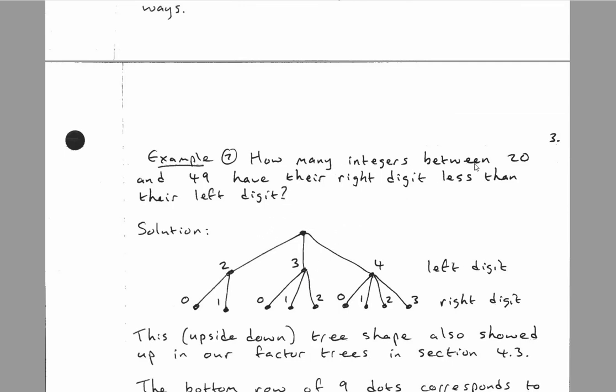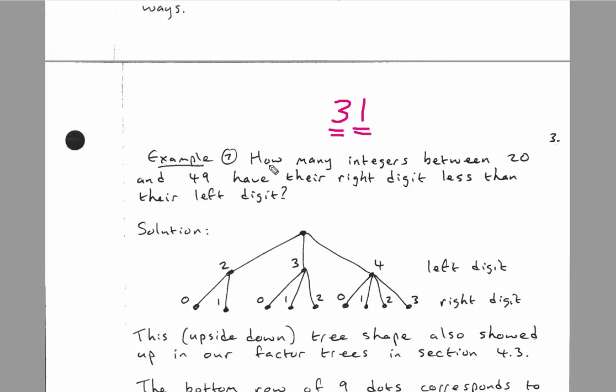How many integers between 20 and 49 have their right digit less than their left digit? For example, something like 31, the right digit is less than the left digit, 1 is less than 3.